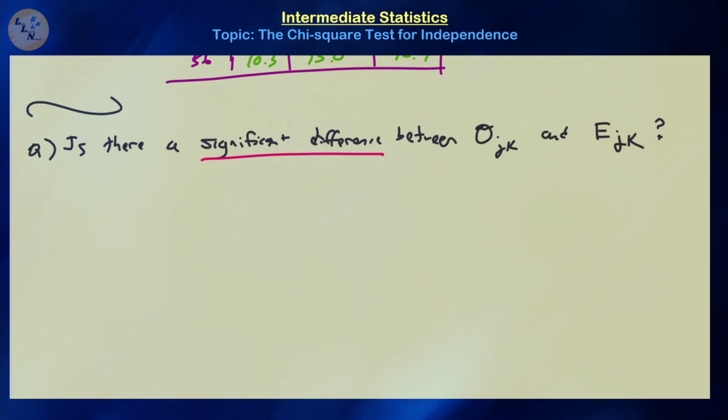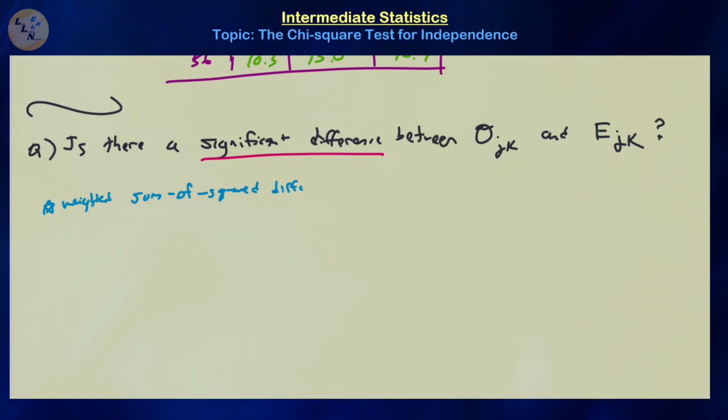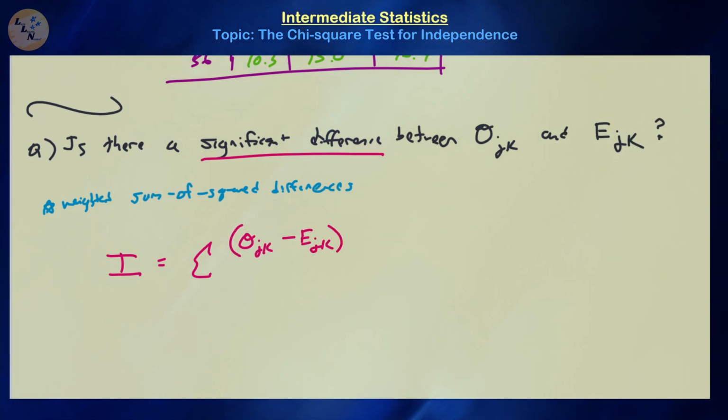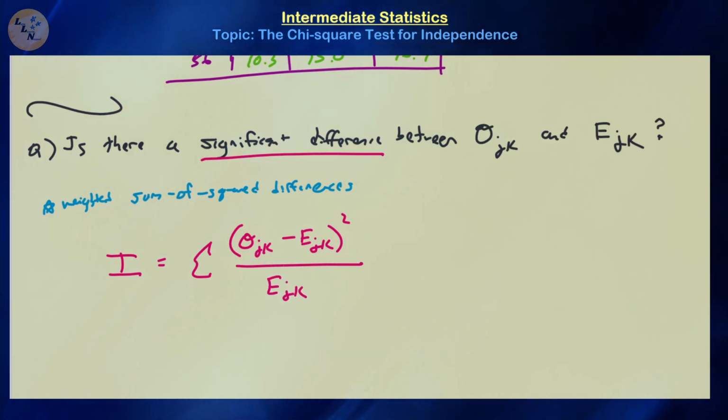So what I'm going to do in terms of test statistics is we're going to do a weighted sum of squares, or weighted sum of squared differences. Because then we can use something like an analysis of variance to analyze the differences between them, right? So we're going to create our test statistic I. So I is going to be the sum of (Ojk minus Ejk) squared, all divided by Ejk.